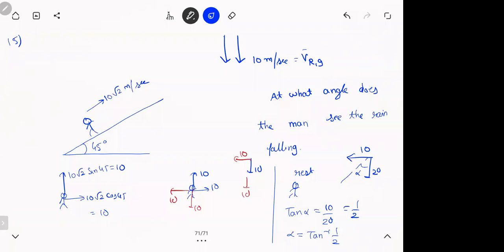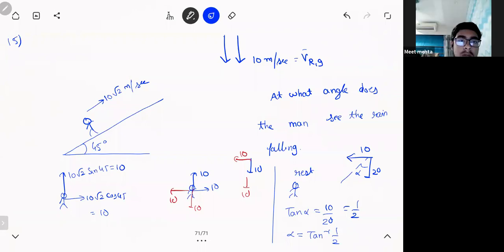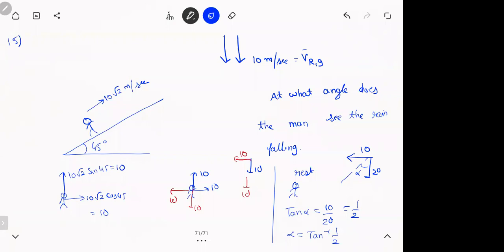Whatever we are doing till today is there for the Sunday exam. Is there any notification on the college? Sir, Amit. Do we assume that the rain is falling at terminal velocity? Yeah, yeah. The rain is falling at terminal.